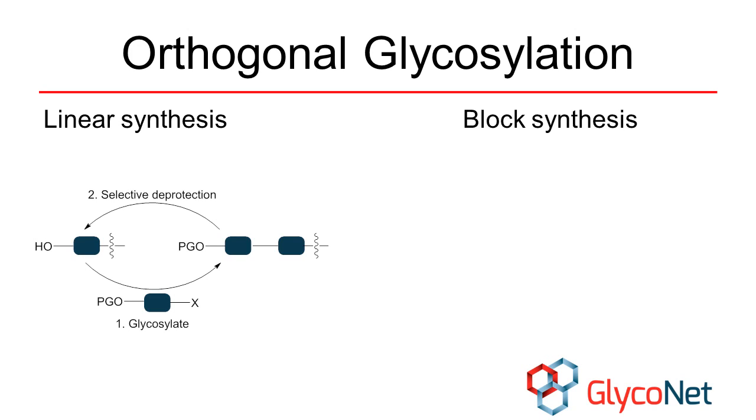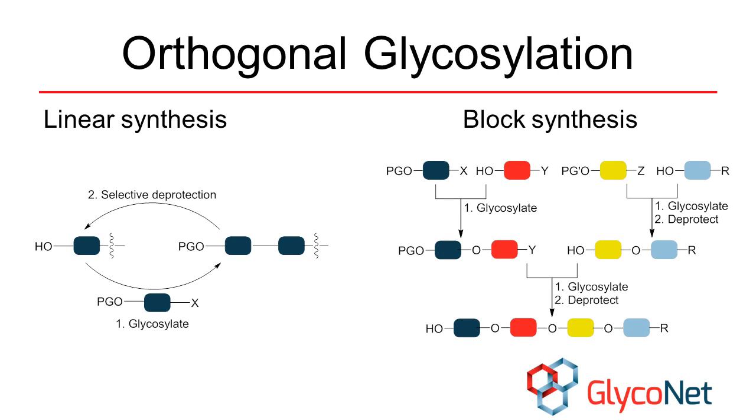Before we wrap up this module, we will briefly discuss strategies for the synthesis of oligosaccharides. One approach is to build the molecule up linearly from the reducing end, adding each sugar unit in sequence. In many cases, a more efficient protocol is to create building blocks of 2 or more sugars and then attach these blocks together. For this strategy to work, it is necessary to activate one donor individually in the presence of another, which is a concept known as orthogonal glycosylation.